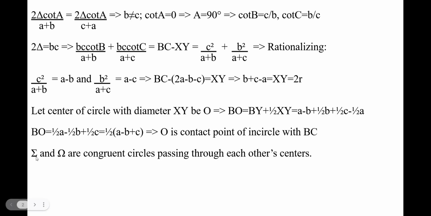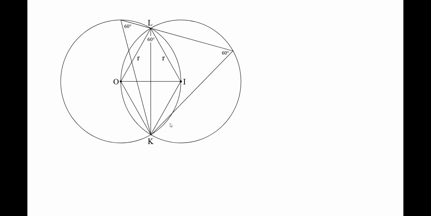So therefore we have sigma and omega. Those are the names of the circles given in the question. So these are 2 congruent circles passing through each other's centers. So let's see how the arrangement looks. It's like this. So there's a line passing through L, and this is K, this is O, this is I. I'll explain why this is 60 degrees, by the way.